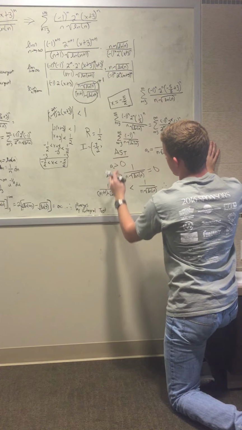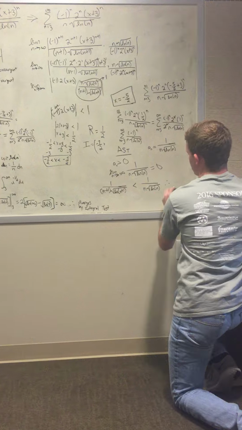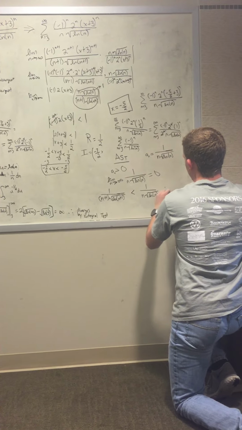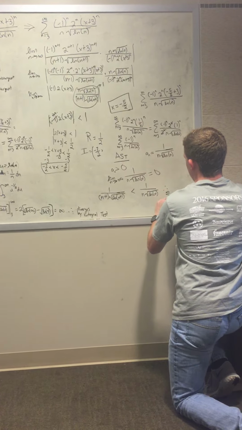So every successive term will be smaller, so a sub n is decreasing. Therefore, by the alternating series test, we know that the series as n equals 3 to infinity of (-1)^n over n square root of natural log of n converges.